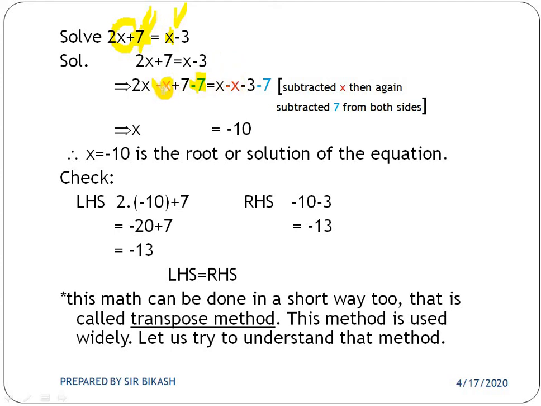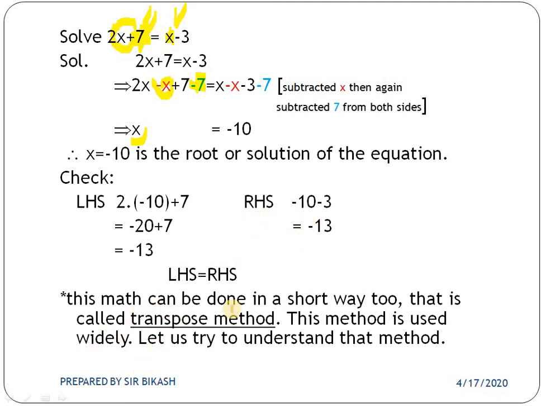So this side also we have to do the same thing. So twice x minus x plus 7 minus 7, x minus x minus 3 minus 7. Twice x minus x becomes x, and here x minus x is 0, minus 3 minus 7 becomes minus 10. So x equals minus 10 is the root or solution of the equation. Checking, how to check this? Putting the value of minus 10 in place of x, you will get the left hand side equals the right hand side. You will be able to solve it on your own.